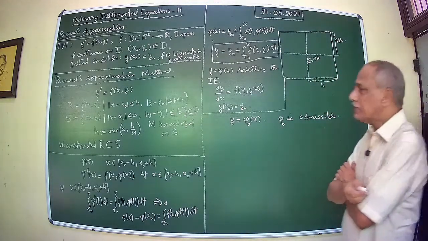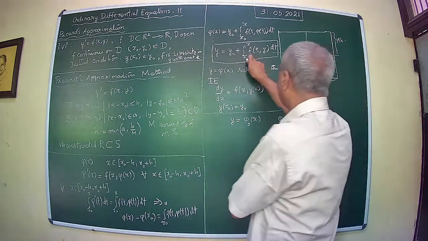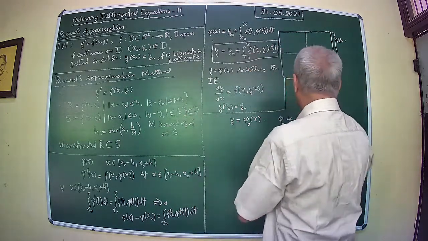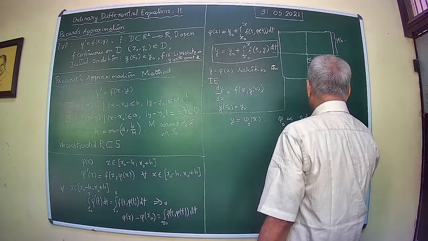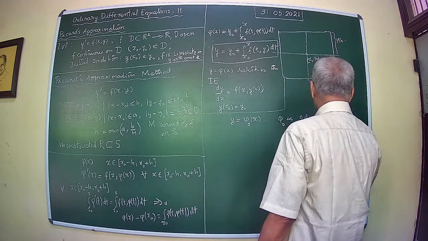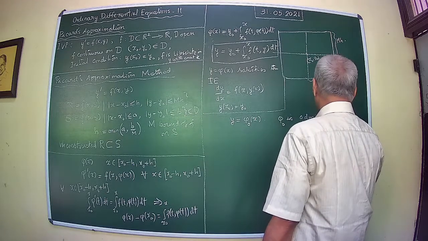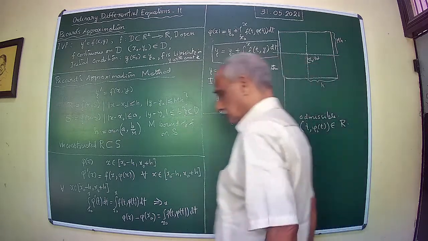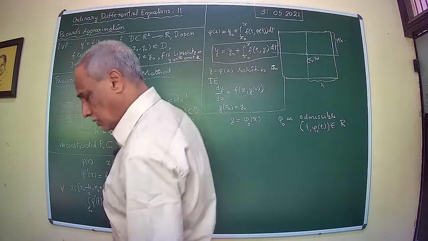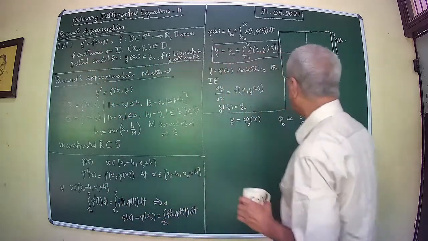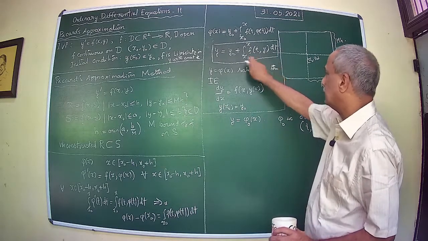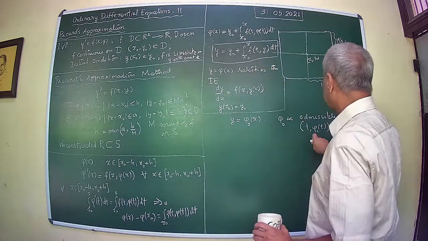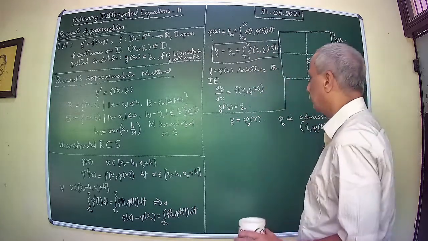If it is admissible, it is in the domain of f, that is, t, phi naught t belongs to R. Okay. If so, f is meaningfully defined and this integral makes sense with y replaced by phi naught.